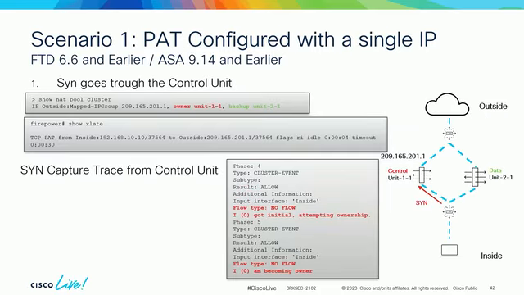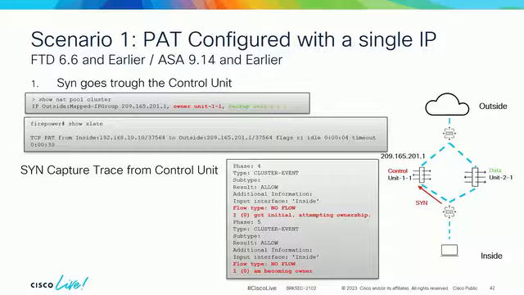The first one, let's suppose that a connection is load balanced to the control unit. So when the control unit receives the first packet of that connection, the control unit will take ownership of that connection. If that connection is subjected to PAT, then the control unit will use the IP address for allocating the translation. So I would say this is a good scenario.